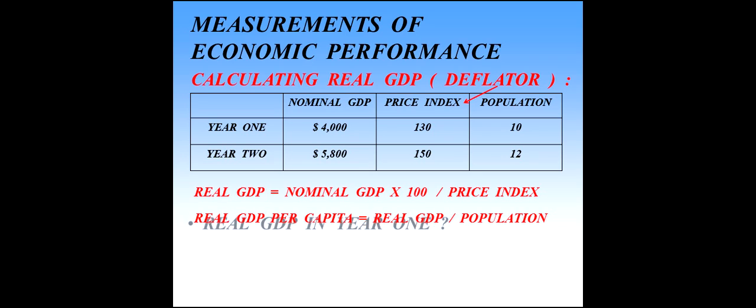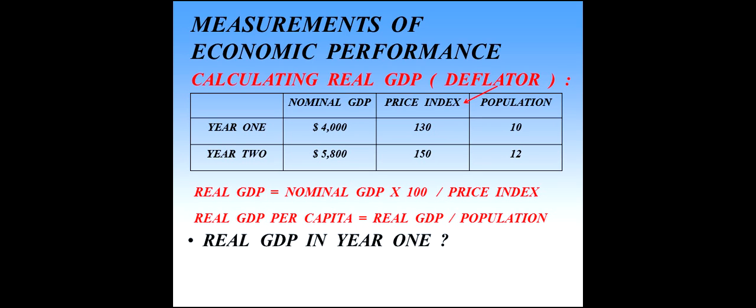So here's the first question for you. What is the real GDP in year 1? And I'll give you a moment or two to try to work the math on that if you have a calculator. And you should come up with 3,076.